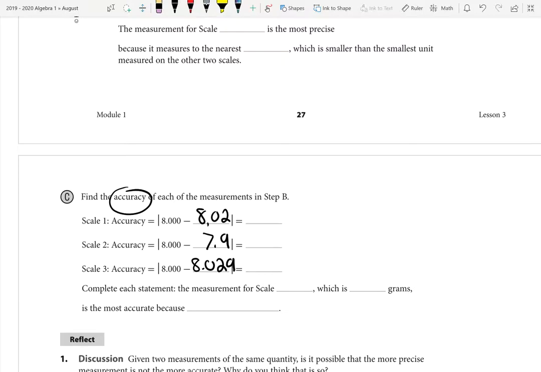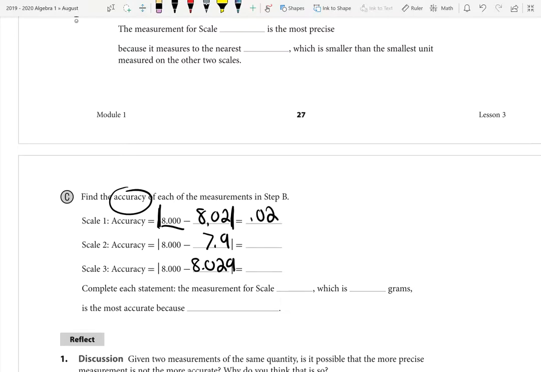So when I subtract 8 minus 8.02, I get negative 0.02. But because you'll see these absolute value bars, the absolute value bars will make that negative a positive. So when you see the absolute value bar, all the answers should just be positive. So the answer here is 0.02.